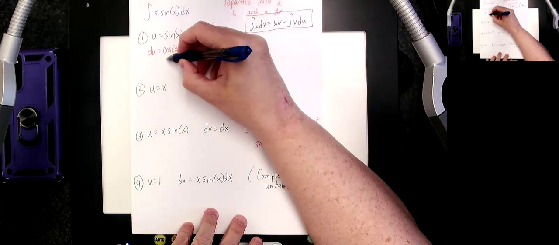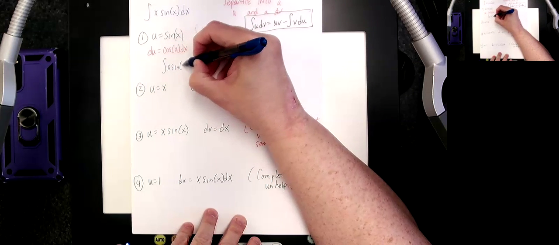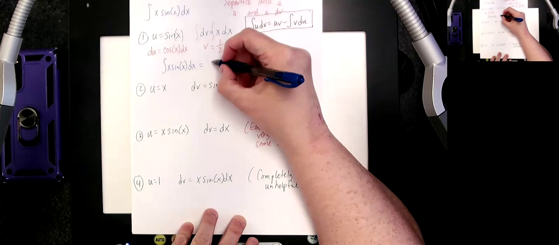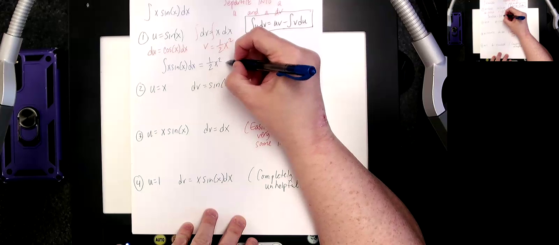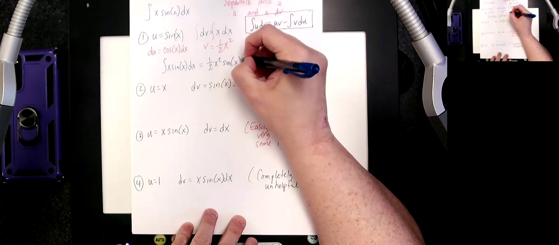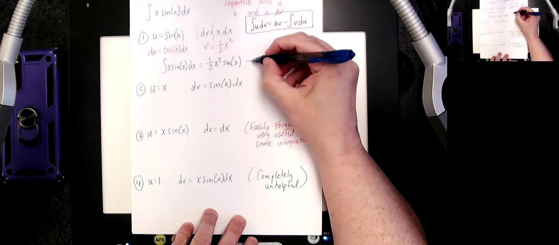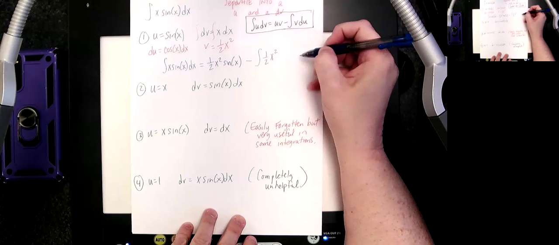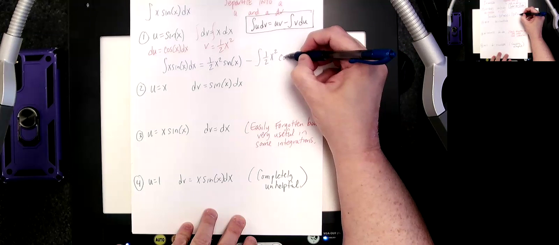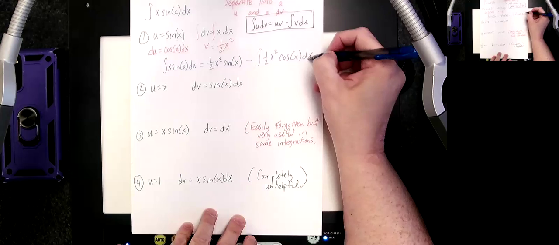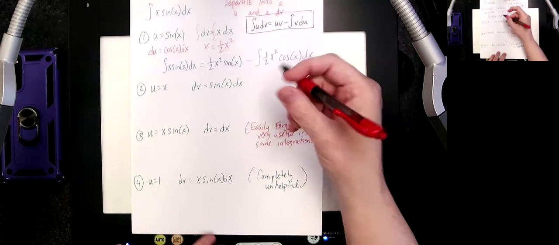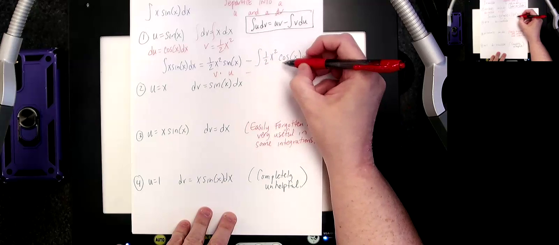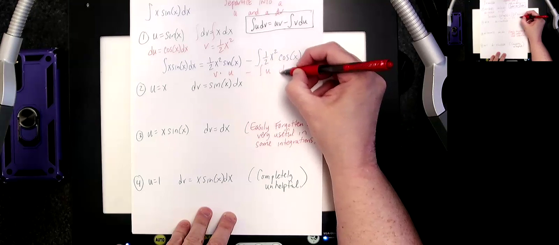So we can rewrite the integral of x sine x dx equals u times v. I'm going to put the v first. 1/2 x squared sine x minus the integral of v, which is 1/2 x squared, times du, which is cosine x dx. So this is v times u minus the integral of u dv.